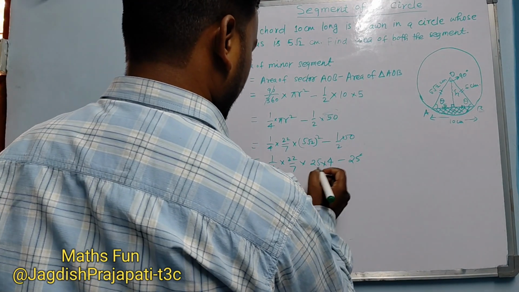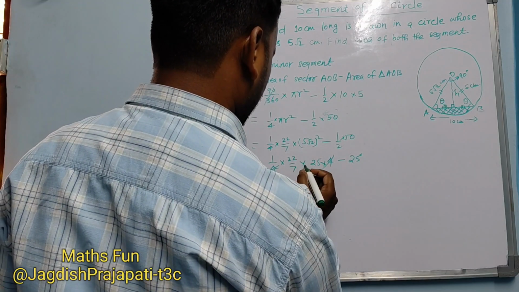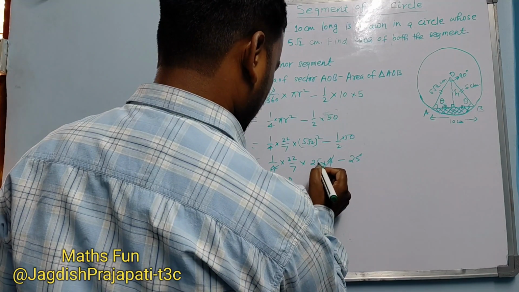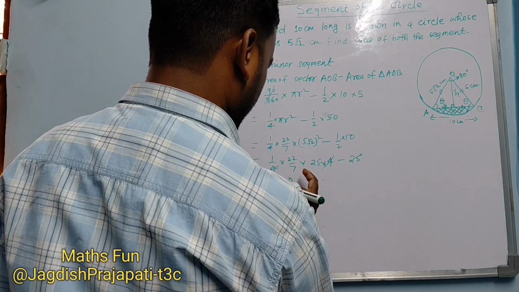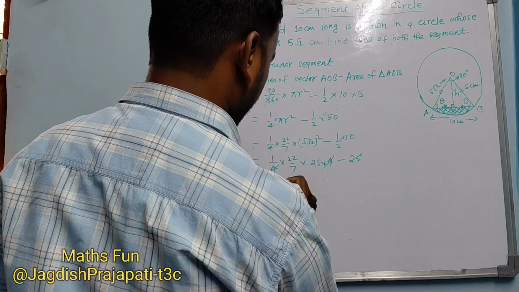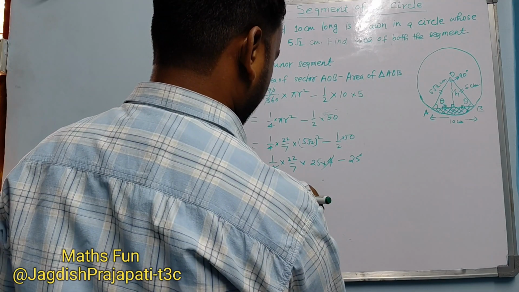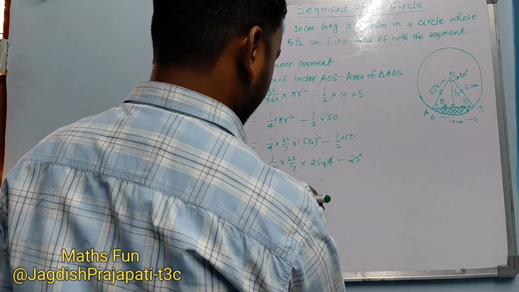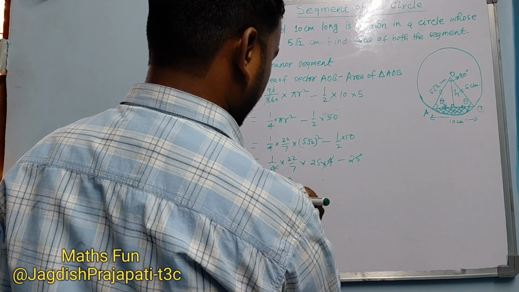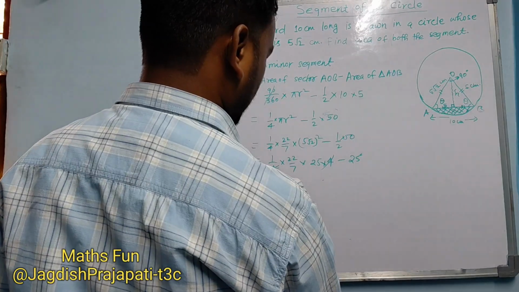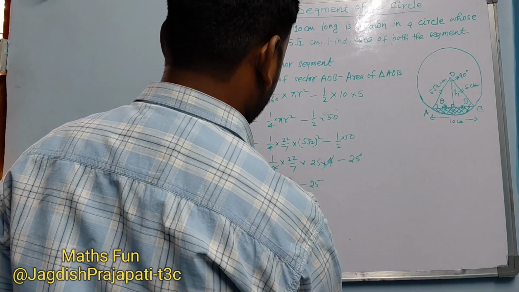So 4 will be cancelled out here. 25 into 22 is 550, divided by 7 minus 25.